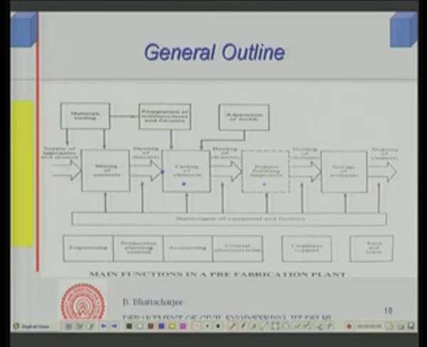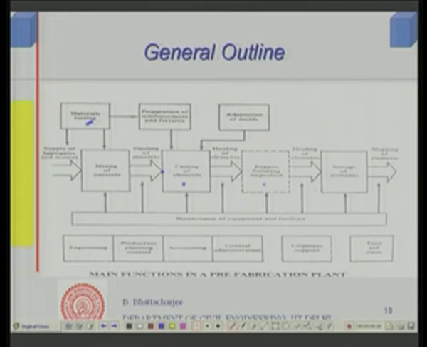Now, you can see these are maintenance and materials testing, that is, auxiliary units, then you have preparation of the molds or reinforcement, etc., adaptation of the molds. If you remember the previous one, we said this is the main activities, this is the auxiliary activities, and this also is auxiliary activities, maintenance of equipment, facilities, as shown here.